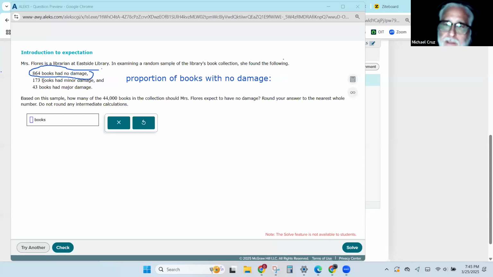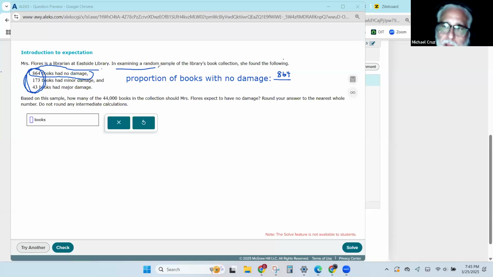So there's 864 books that are not damaged. Out of how many? See that right there? That's how many books she's looked at.